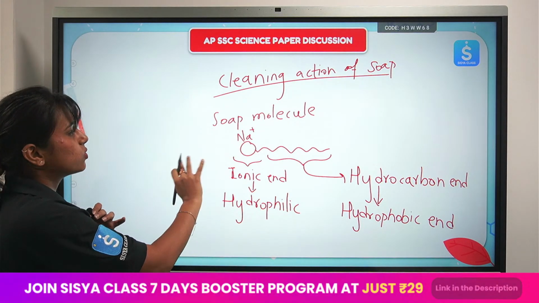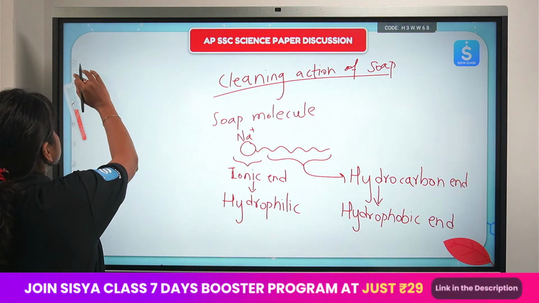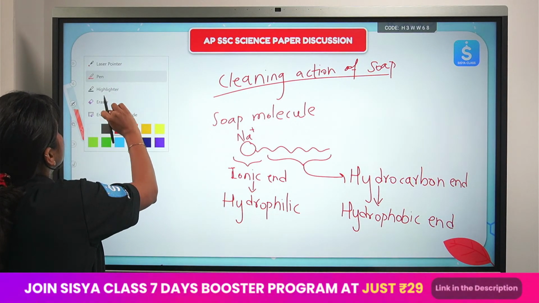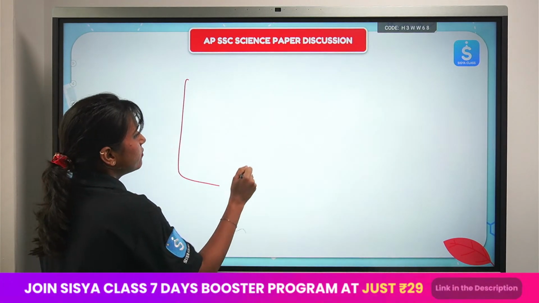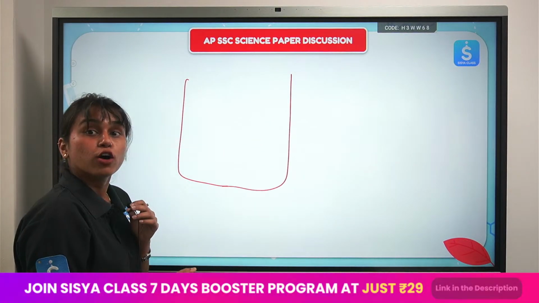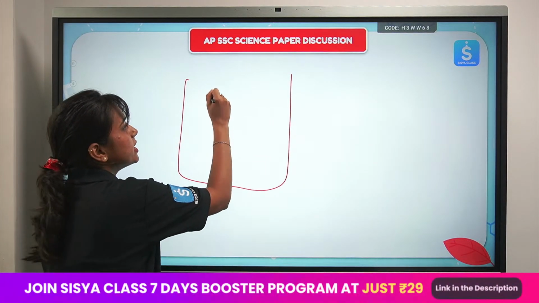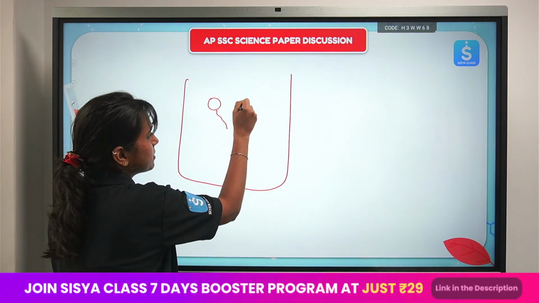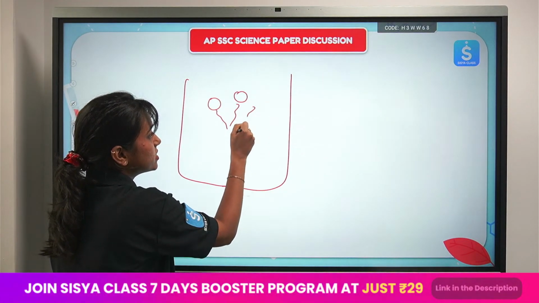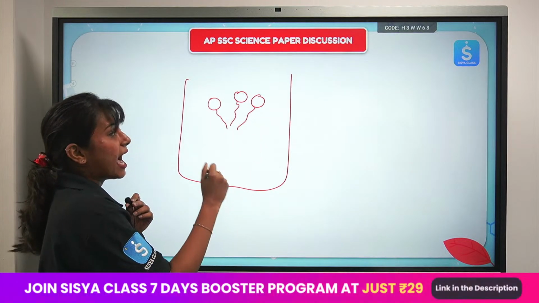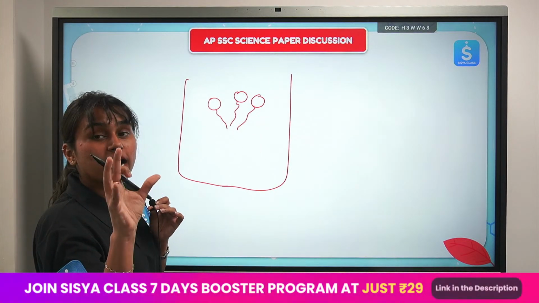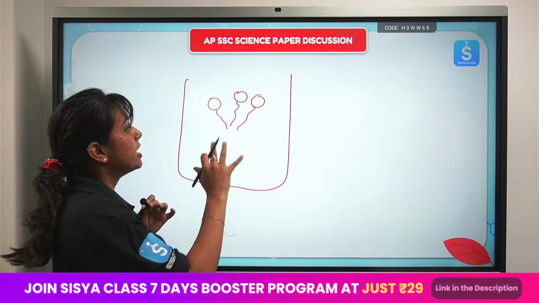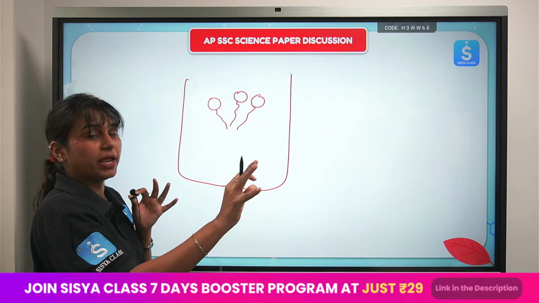So let's see how this functions. Yes. Now if we have water and we have soap in it, the ionic ends of the soap are going to interact with water. That means they have a liking towards it, they are interacting with it, and the hydrocarbon part, the hydrophobic part, is going to try to avoid or repel water.